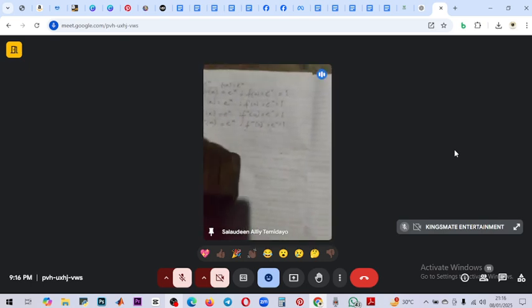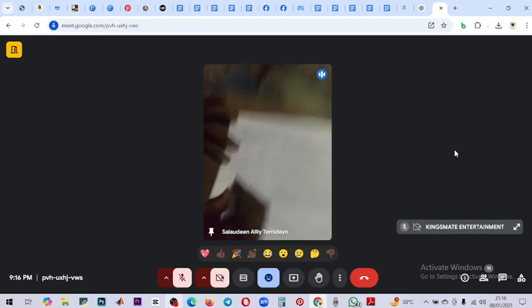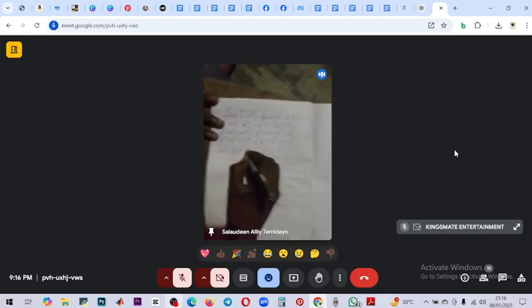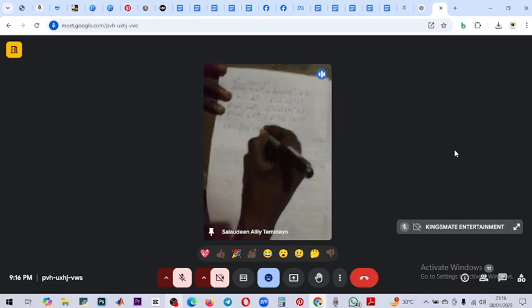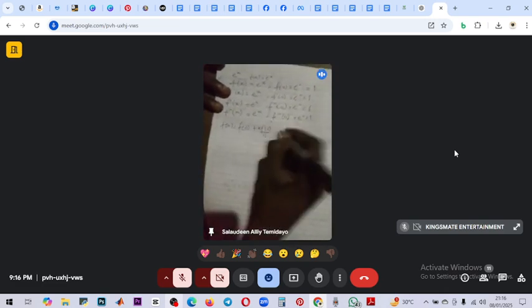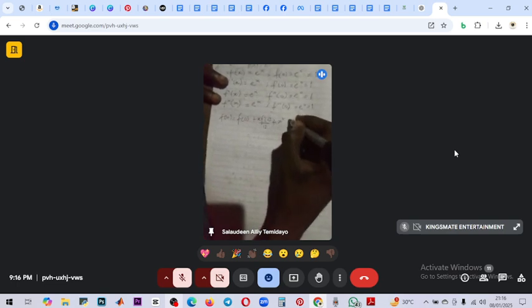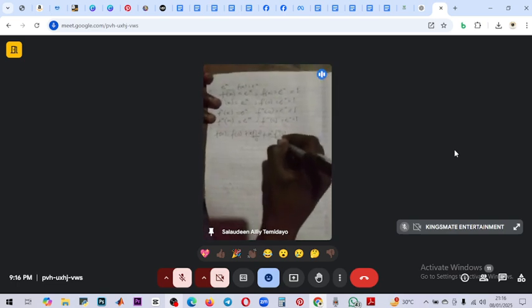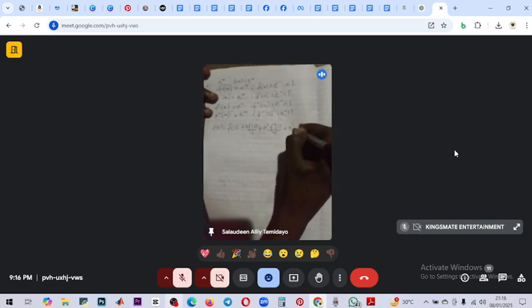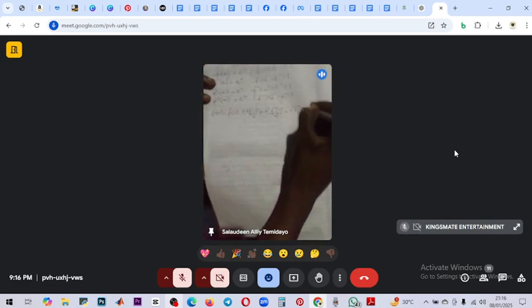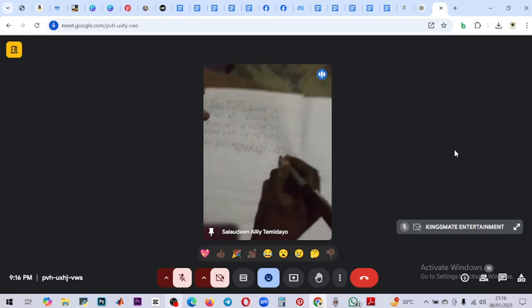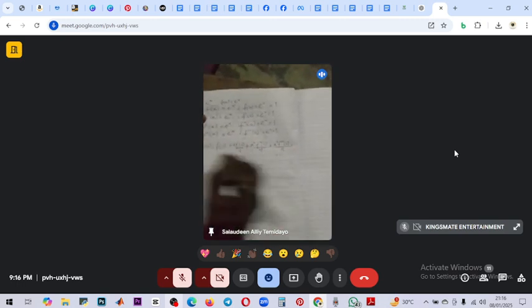So let us use the Maclaurin's theorem. Maclaurin's theorem says that f of x is equal to f of 0 plus x times f prime of 0 over 1 factorial plus x squared times f double prime of 0 over 2 factorial plus x cubed times f triple prime of 0 over 3 factorial plus, to infinity.